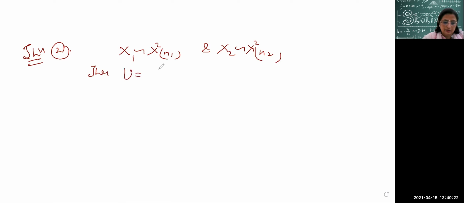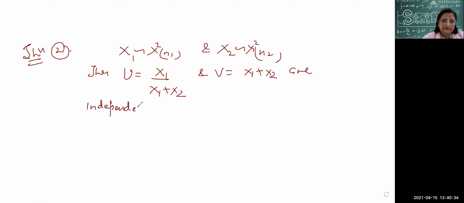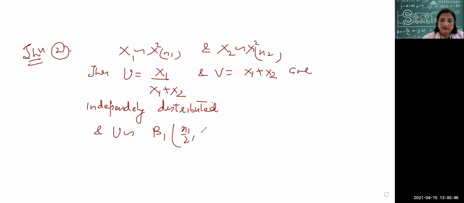Then u is equal to x1 upon x1 plus x2 and v is equal to x1 plus x2 are independently distributed. ठीक है जी? And prove that u follows beta distribution of first kind with the parameters n1 by 2 and n2 by 2, and v follows chi-square distribution with n1 plus n2 degrees of freedom.